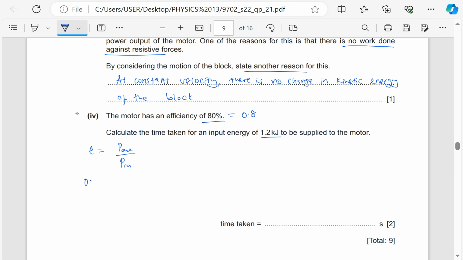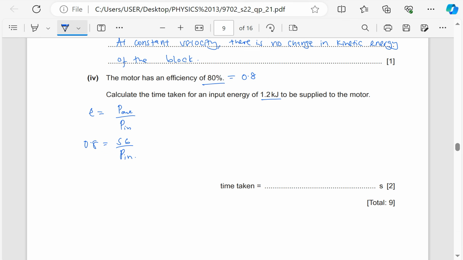So 0.8 is equal to the power output, which is 56, divided by the power input. We didn't know the power input, so that is what we are going to find initially. So the power input here is going to be 56 divided by 0.8, which gives us 70 watts.